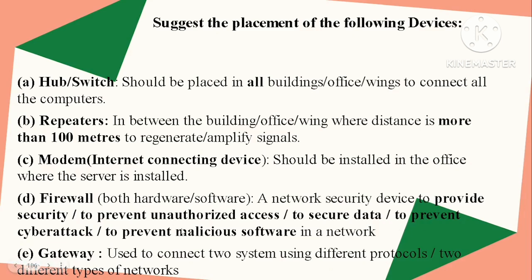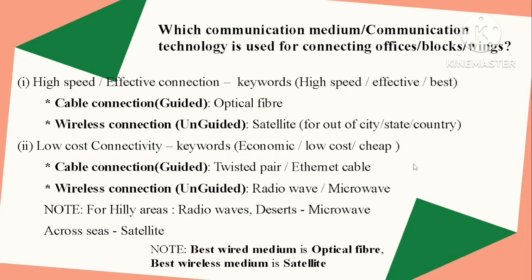Whether they ask suggest a software, suggest a hardware, these 5 keywords, if they are asked in a question, the answer is firewall. What is gateway? Gateway is a device which is used to connect two systems with different protocols. Or sometimes in the question it will say, name the device which connects systems with different types of networks. Then you should write gateway.